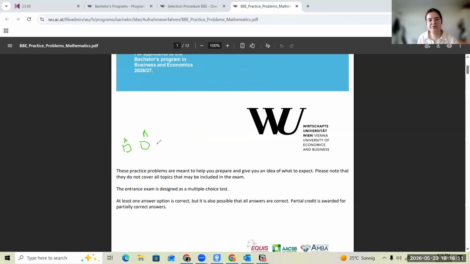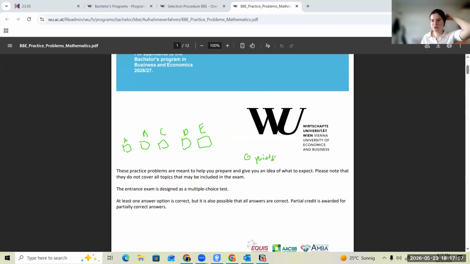Because here you have the boxes B, C, D, E. And they're trying to prevent the fact that if you leave it all blank, assuming everything is false, you get 0 points, because you didn't choose any correct options.